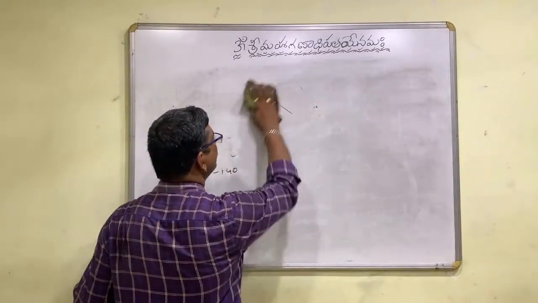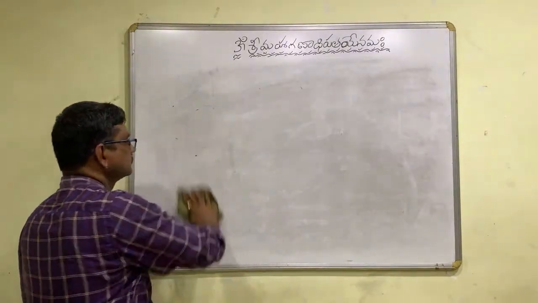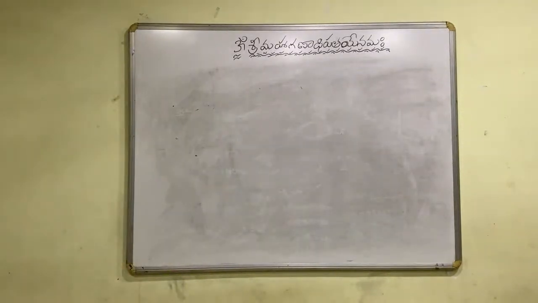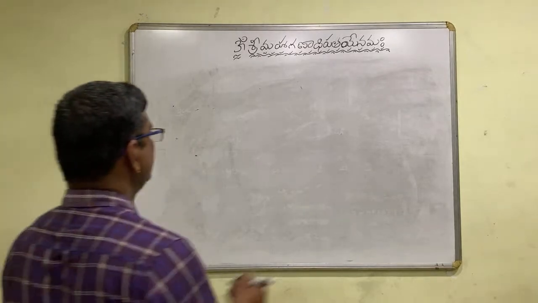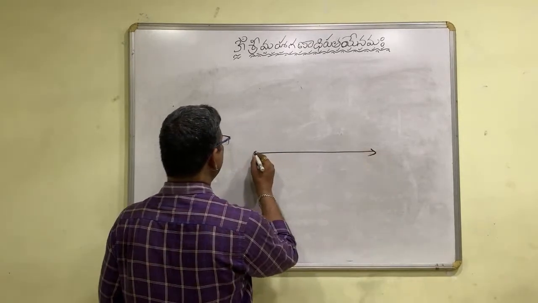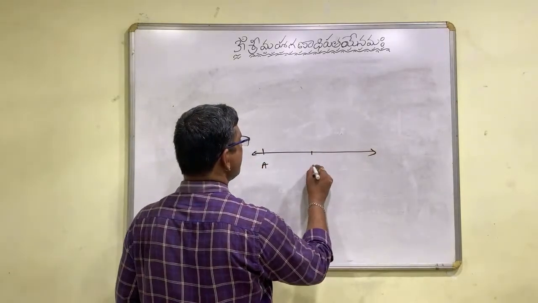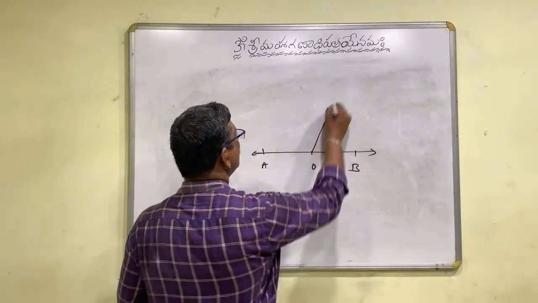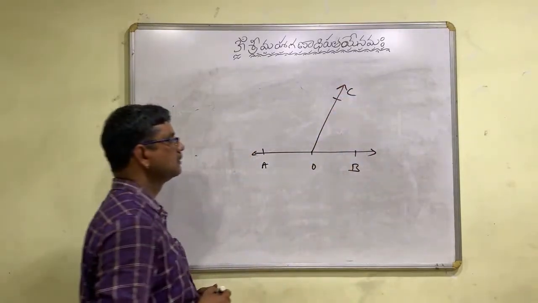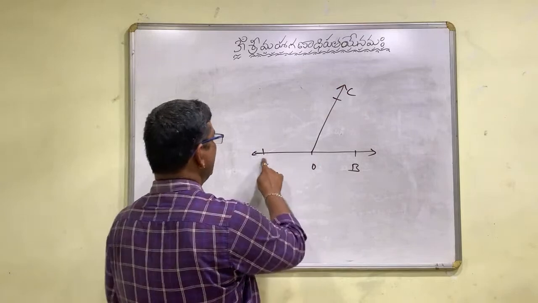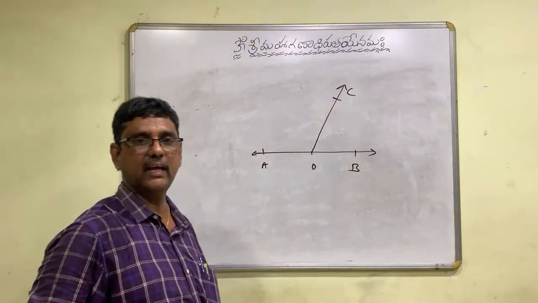Now one last problem for today. There is a straight line AOB, and angle AOC, BOC are adjacent angles.